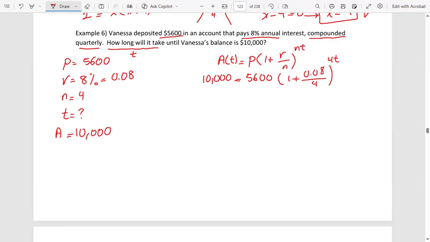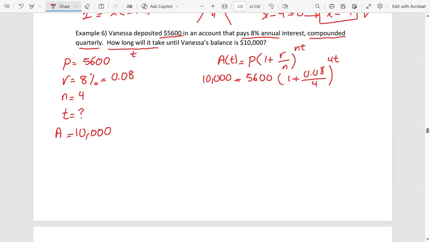As you see, after replacing the numbers, T, which is the missing term, is on the exponent of something. That means I have an exponential equation to solve. When I have an exponential equation to solve, based on what we learned so far, we have to have the exponential term isolated first and then check if the bases are the same or we can make them the same.